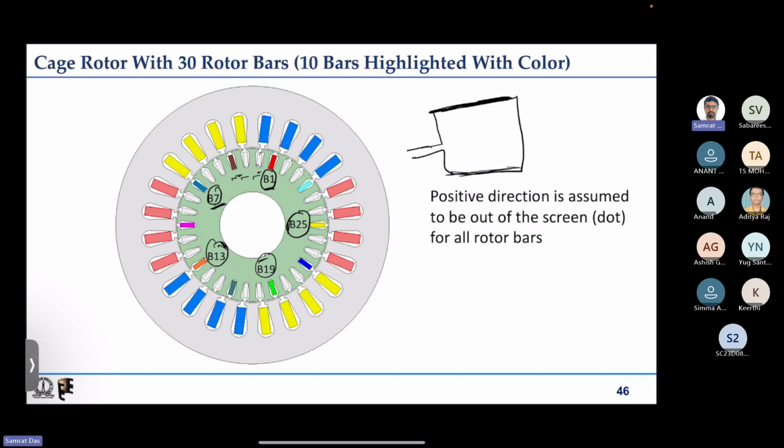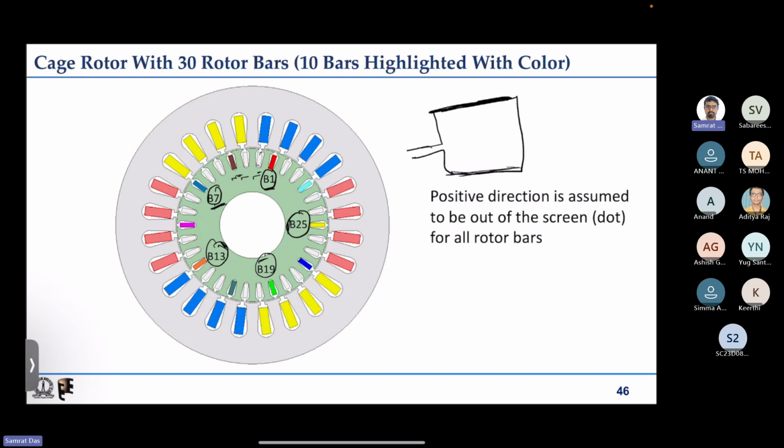The number of rotor bars should be a multiple of 3, or let's say for 29, can I use that? Yes, anything will work. But how does that lead to 3 phases? We'll see that. Automatically it will lead to 3 phases.